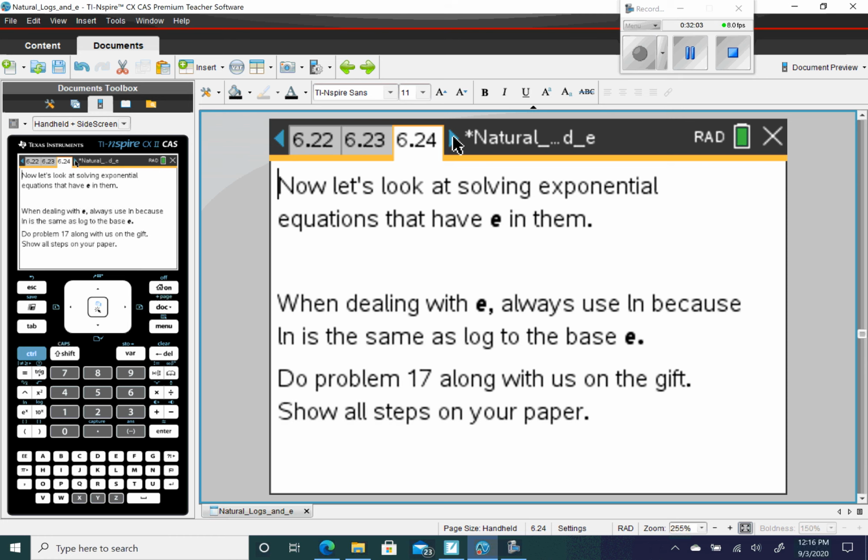So here's the difference. Anytime we're dealing with e, we want to use the natural log because of that special connection that's over here.